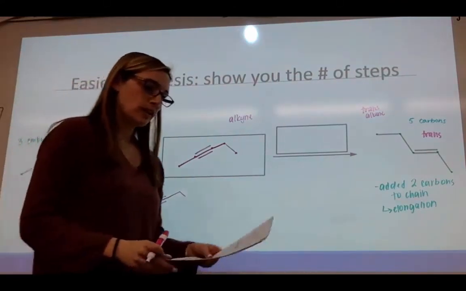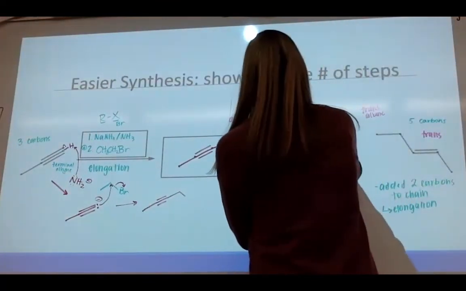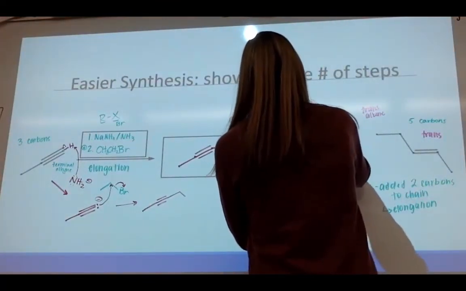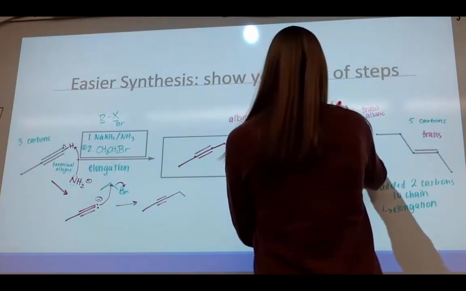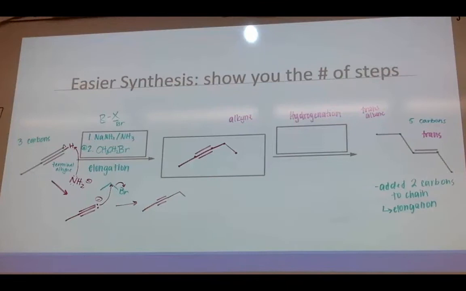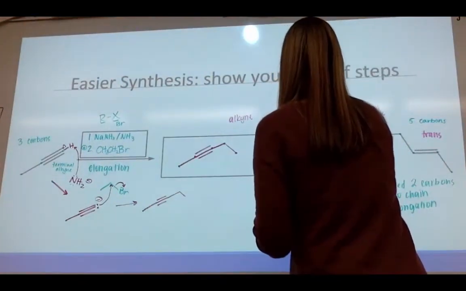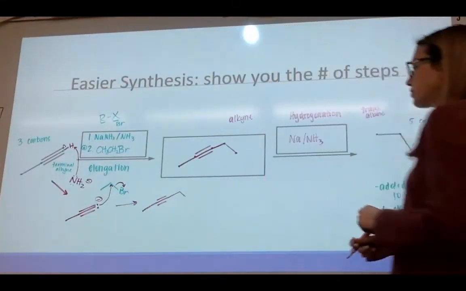So you want to eliminate one of your pi bonds, you're looking at hydrogenation. Now you don't need to know the mechanism for any hydrogenation reactions. But now that we know that it's an alkyne going to a trans alkene, there's only one set of reactants that produces a trans alkene. And that's Na and NH3.